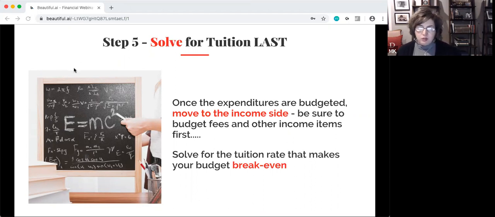Now you're going to move to the income side, and you're going to throw in your fees and any other extra income that's not tuition, and then you solve for the tuition rate that makes your budget break even. And we know that's probably going to be a big number. That makes people nervous, and it's likely they're going to say there's no way. Well, we know that. So that's why we go to step 6.